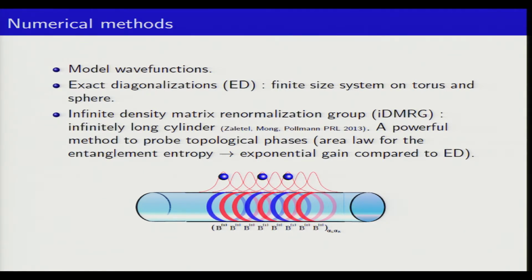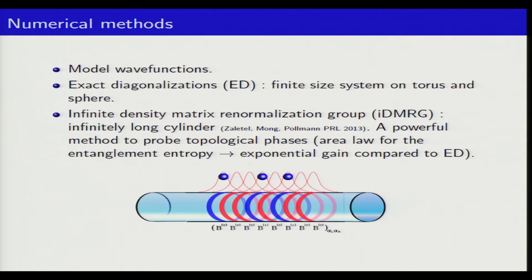And the matrix product state is a very powerful way to represent these specific states. So this kind of algorithm tries to find the lowest energy state that has a very specific structure from this perspective. In the context of fractional quantum Hall, it has been introduced a few years ago by these three young people here. And it's really a powerful method to probe topological phases.